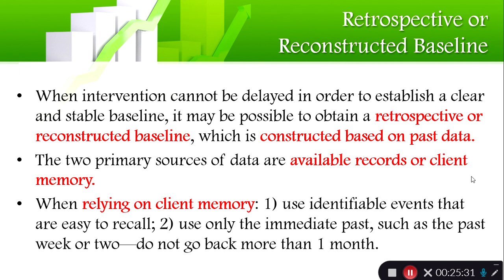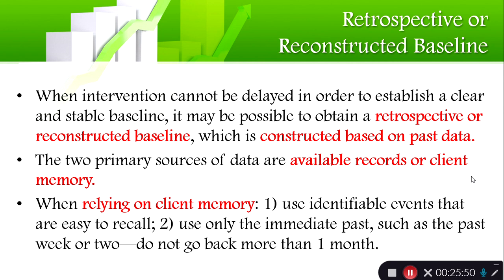So this is another thing that we can think about, and it's always good to know what your options are and what your alternatives are, given the realities of practice. And there are times in which we may not necessarily be able to adhere strictly to some of the requirements of each design.